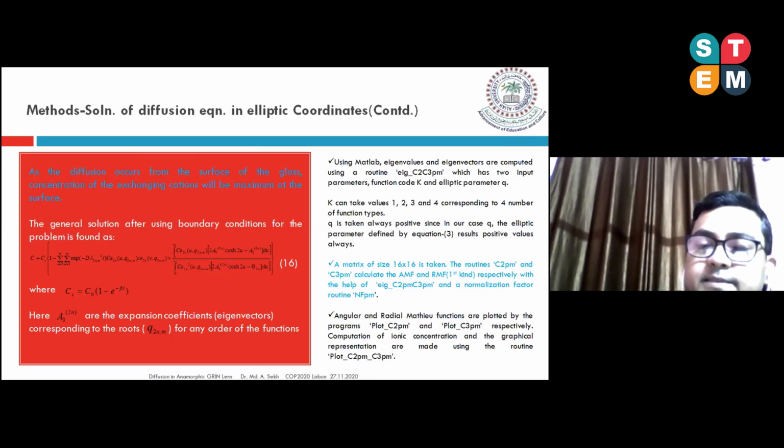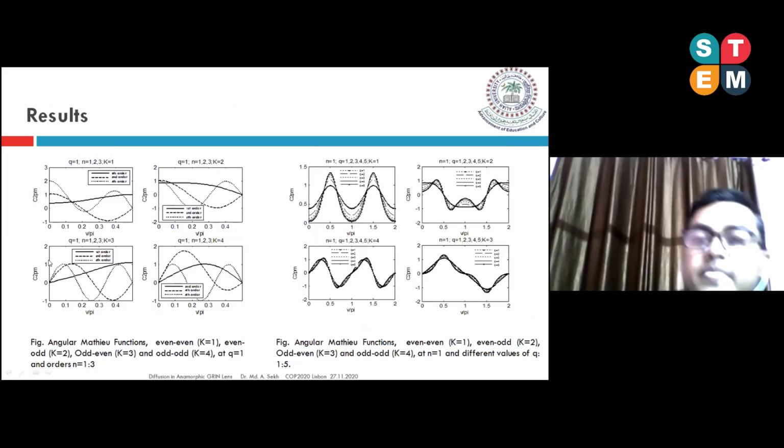Once we get these two functions individually, we use another program to plot the resultant function. We plot the angular Mathieu function for even and odd k values, where the q value is kept the same and the order is varied.